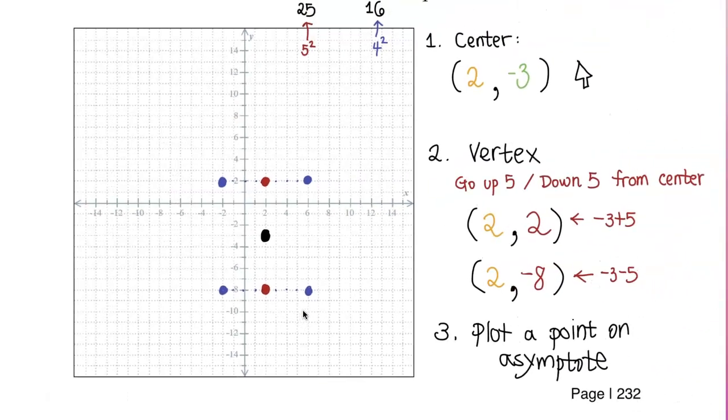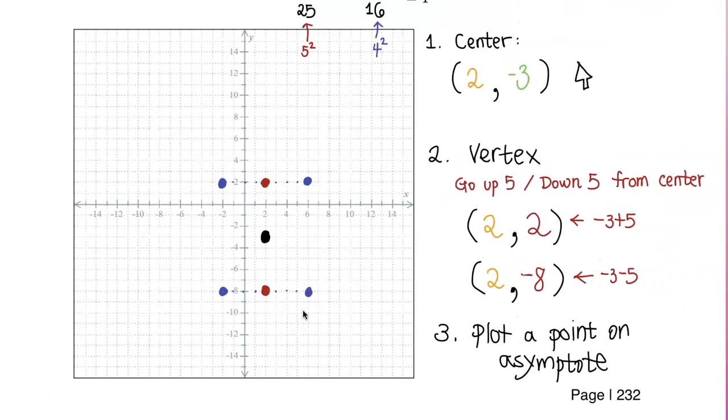Let me sketch the asymptotes here for you, okay? So using a dotted line tool, I'm going to sketch an asymptote. The first, oh, that's a mess right here. Give me 1 second. Let me do this line first. So there's that first asymptote. Okay, and let me do the other asymptote. See guys, when I have to do this on my paper, I have to do it myself.